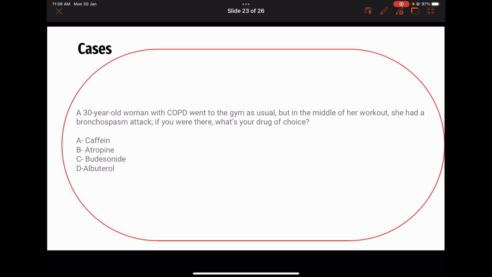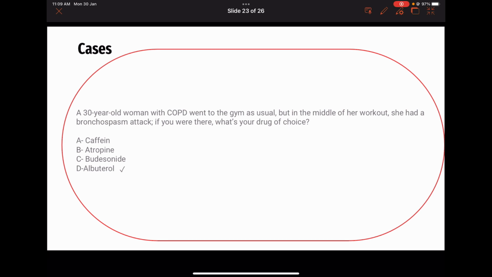The second case is a 30-year-old woman with COPD who went to the gym as usual, but in the middle of her workout she had a bronchospasm attack. If you were there, what is your drug of choice? The first is caffeine, the second atropine, the third budesonide, and the fourth albuterol.